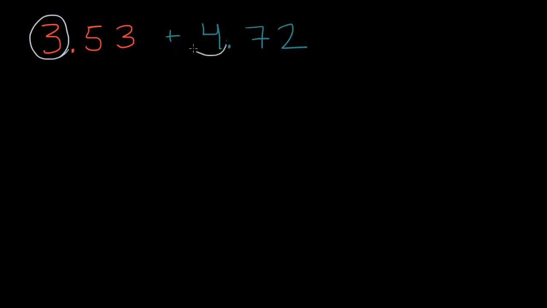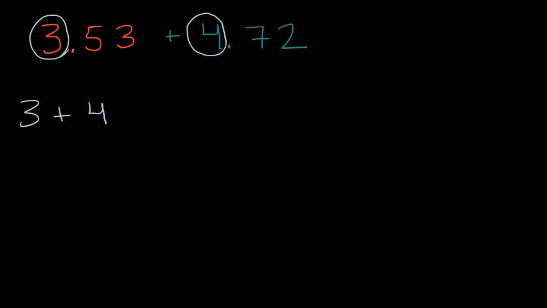Let's do another example. So let's say that we have 3 and 53 hundredths, and we want to add that to 4 and 72 hundredths. Like always, pause this video and see if you can figure it out on your own. So like we did in the previous example, we could add the ones, 3 ones plus 4 ones. So it's going to be 3 plus 4.